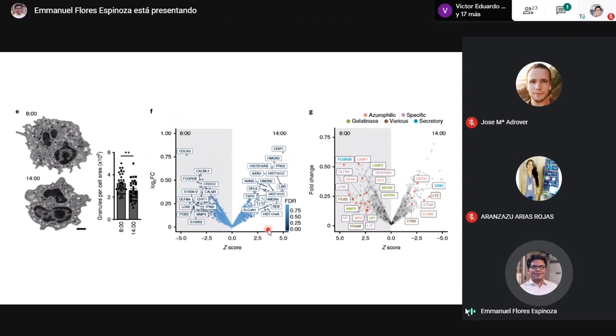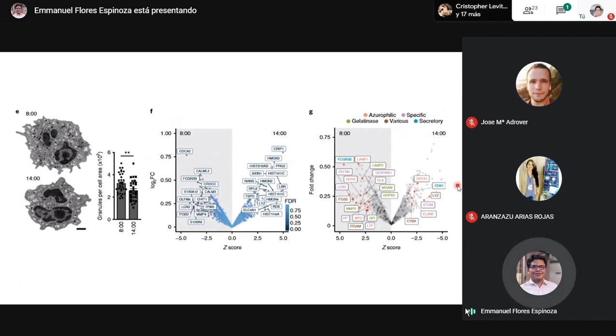It's clearer that when they analyze the proteins present in granules, there is more enrichment of these proteins in the early morning neutrophils than in the afternoon neutrophils. And this recapitulates the effects that are present in mice.